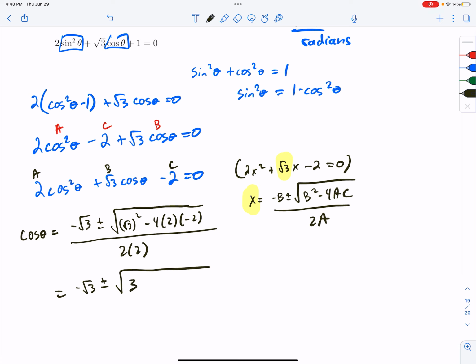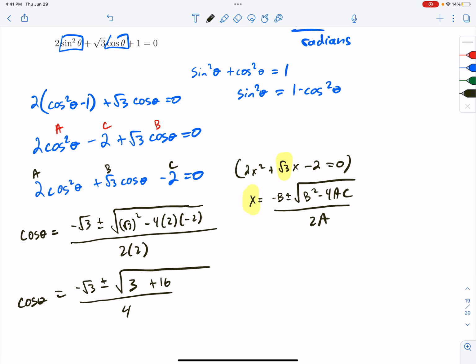Negative 4 times 2 is negative 8 times negative 2 is, what do we have here? 16, divided by 4. Let's see. Okay, so I get cosine theta equals negative root 3 plus or minus square root of 3 plus 16 divided by 4. So this isn't going to come out very cleanly here.